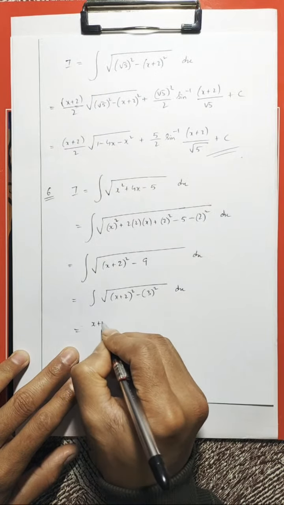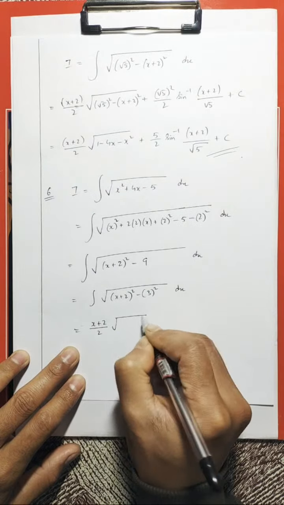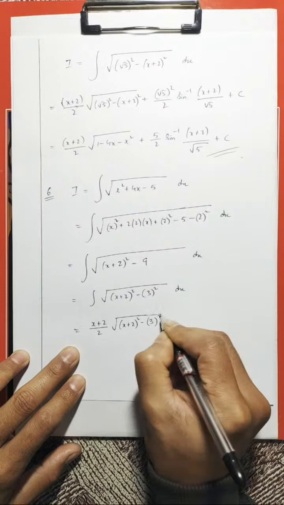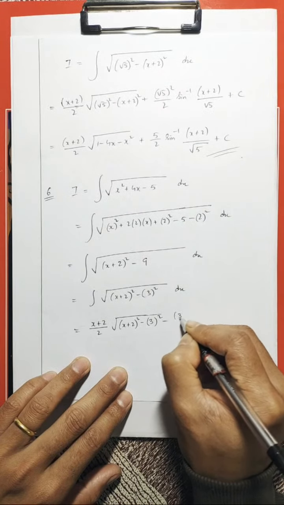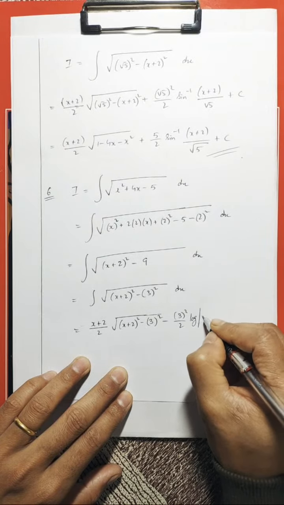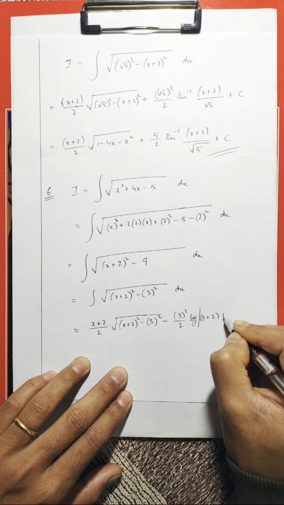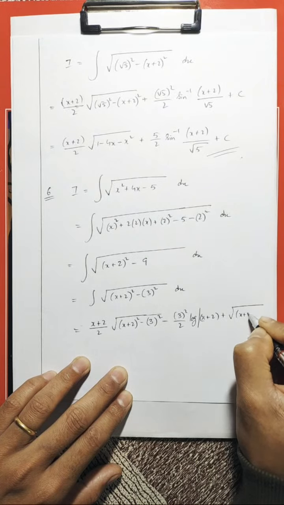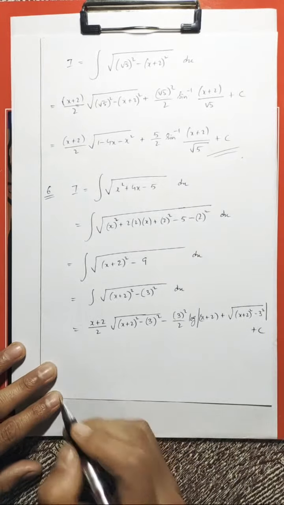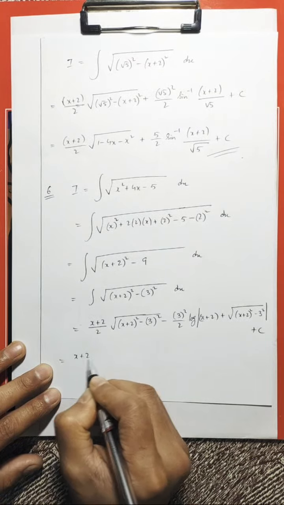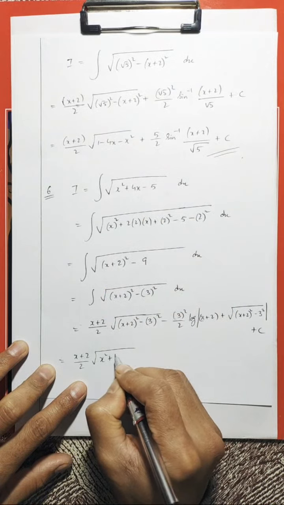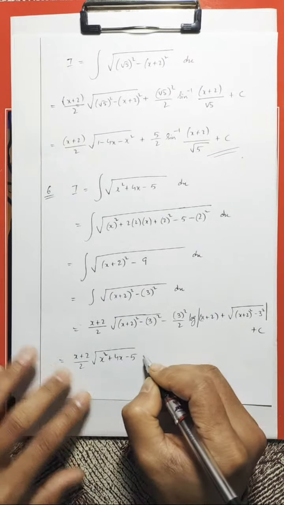So that will be x by 2 root over of x square minus a square minus a square by 2 log of x. X value is x plus 2 plus root over of x square minus a square plus c. And this value we can use directly from the question because there are no special substitutions or any other calculations being done.